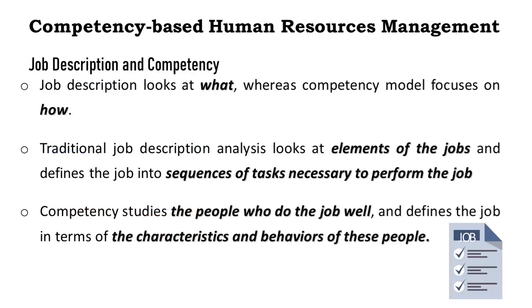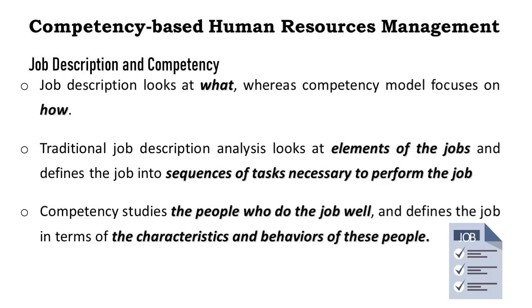So let's describe job description and competency. Job description looks at what, whereas competency model focuses on how. Traditional job description analysis looks at the elements of the jobs and defines the job into sequences of tasks necessary to perform the job.